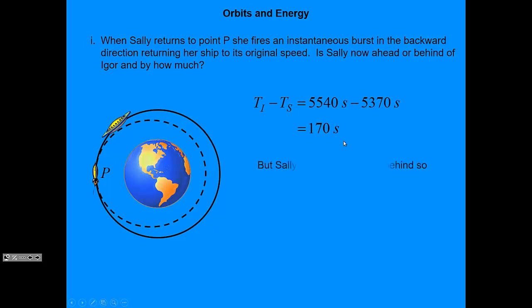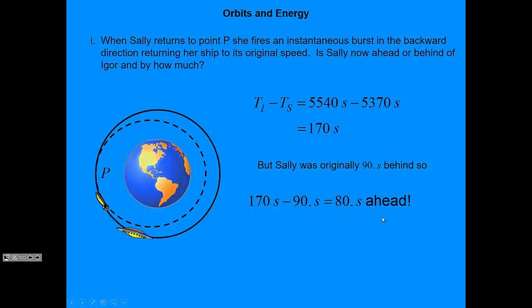And remember, she was 90 seconds behind. So if she gains 170 seconds on him, she'll end up 80 seconds ahead. And she'll win. The plucky American astronaut Sally beating the evil Soviet Igor, right, in their race in the stars.